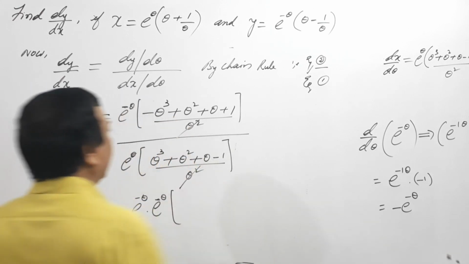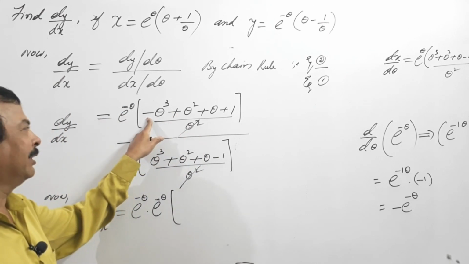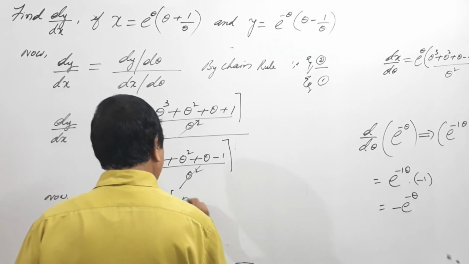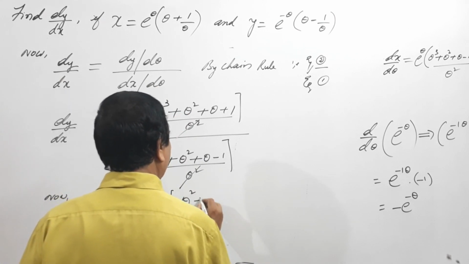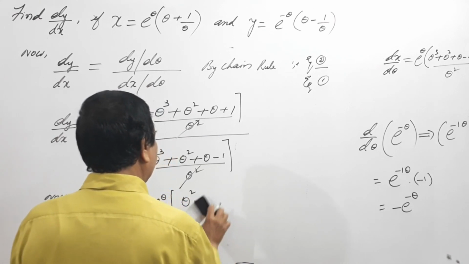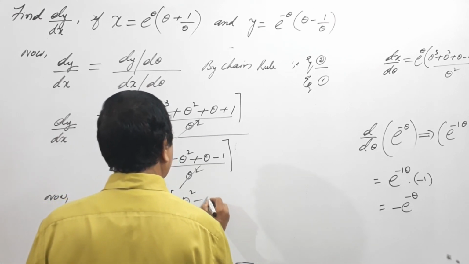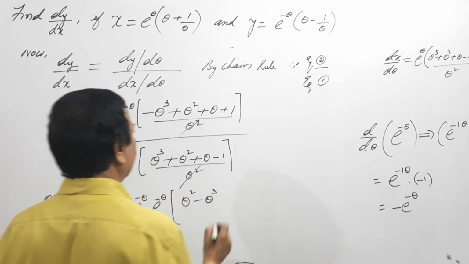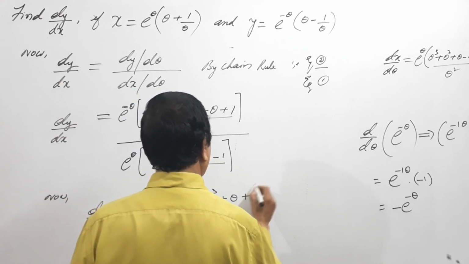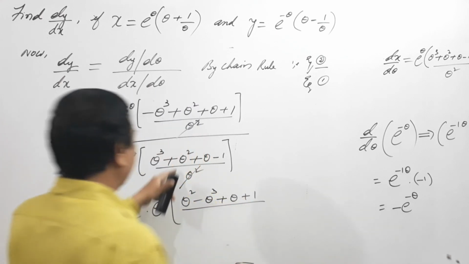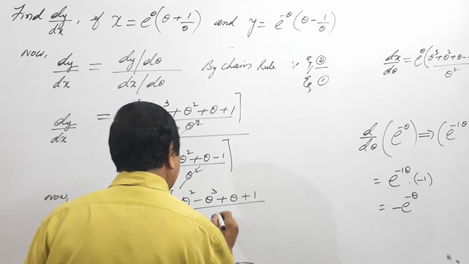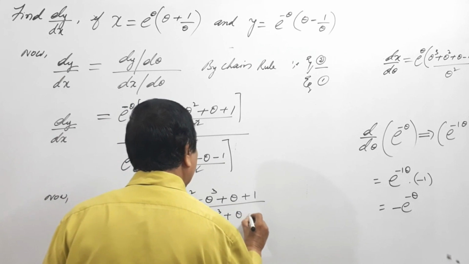I will rearrange this because I don't like to begin with a minus sign. So I will bring theta square first, rearranging: theta square minus theta cube plus theta plus 1 divided by theta square plus theta cube plus theta minus 1.